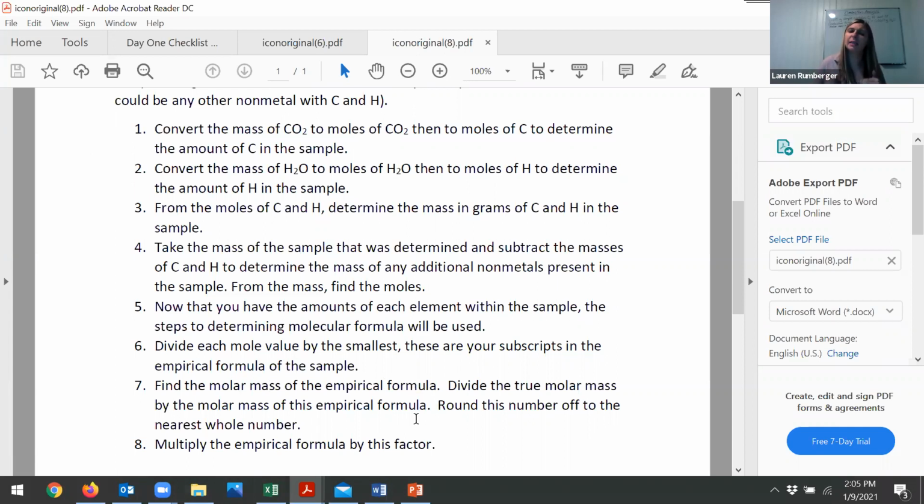It is fairly involved, but once you see how it is applied and how these steps are followed, this can be applied to any of the combustion analysis problems, okay?